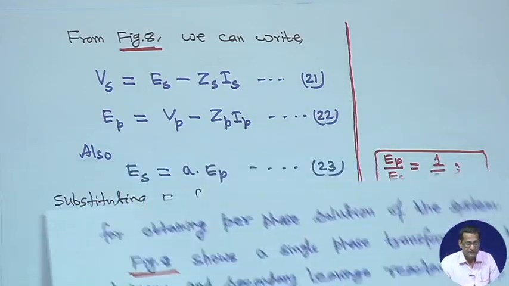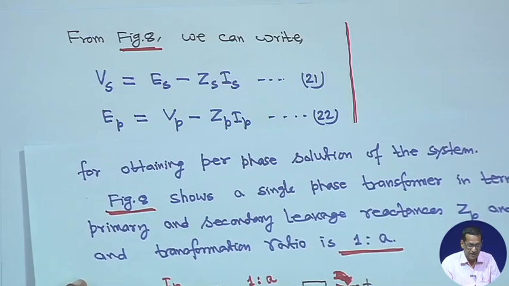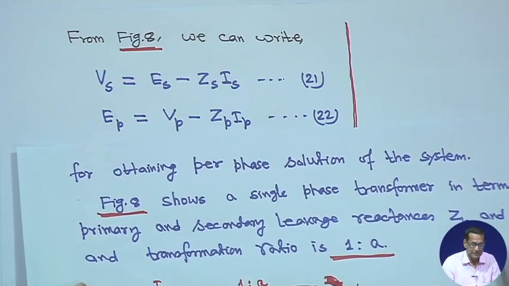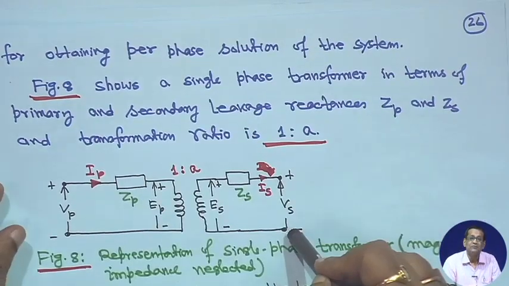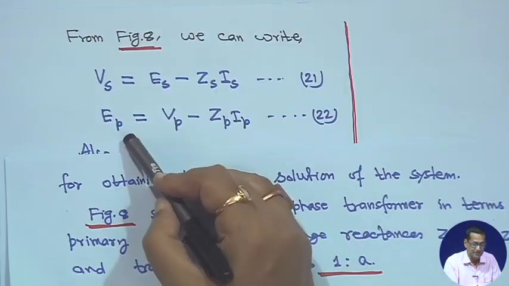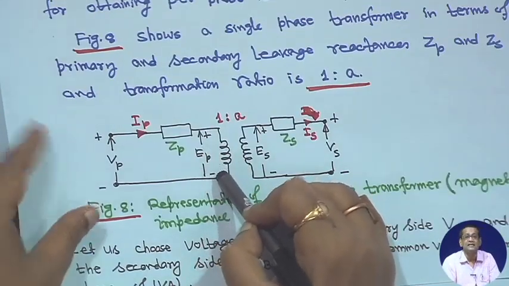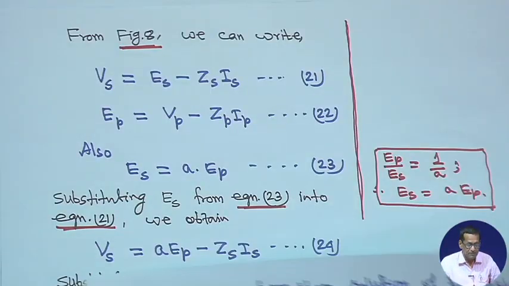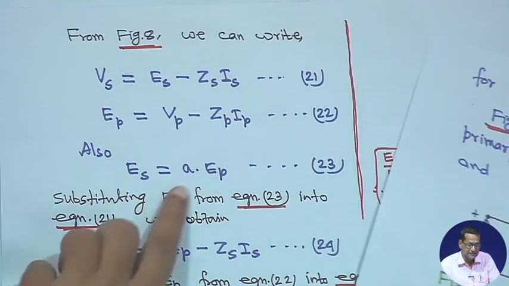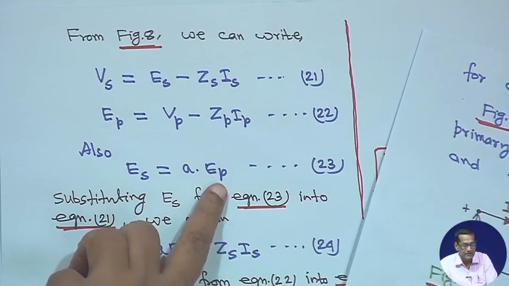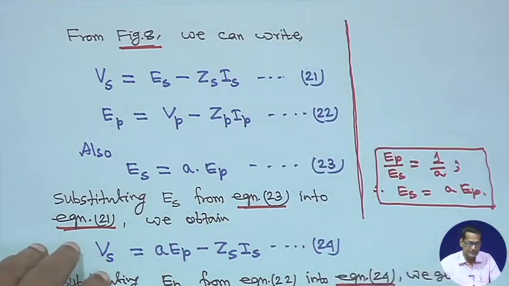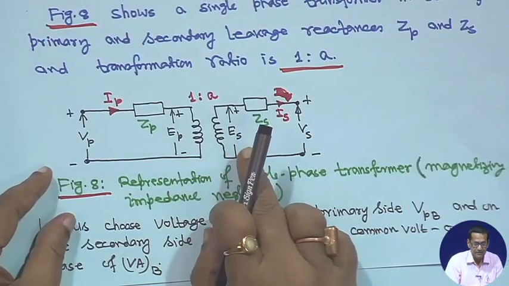One thing you should see is that here we are writing the terminal voltage, and the second time on the primary side we are writing the voltage across the winding, EP. Also, ES upon EP is equal to A. This voltage is EP, this voltage is ES.